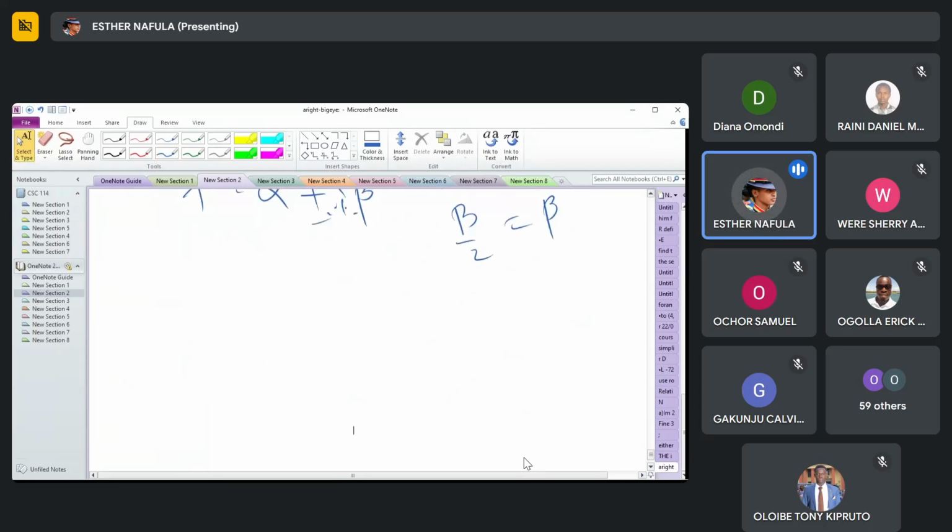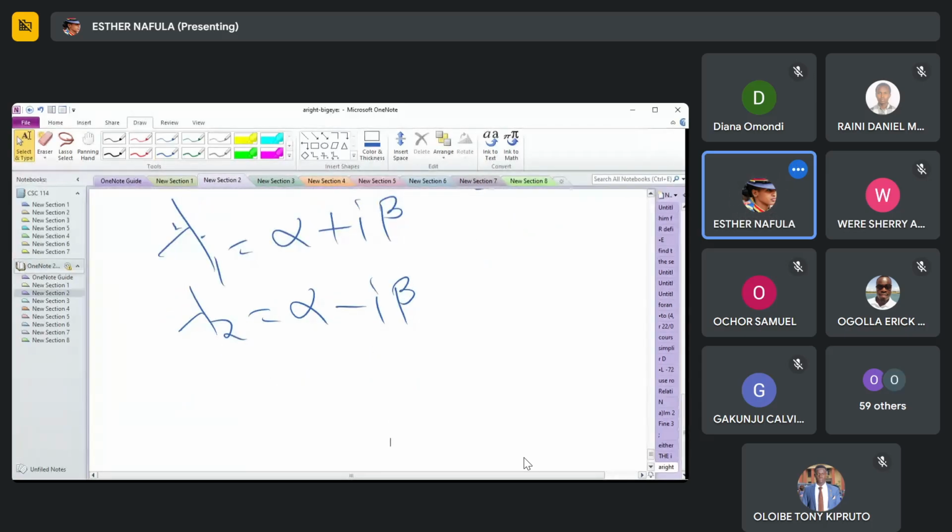So you'll have two values. You can set your lambda 1 to be alpha plus i beta, and your lambda 2 to be equal to alpha minus i times beta. Remember, the solution is e to the lambda. So your y1 is e to the lambda 1, but lambda 1 is alpha plus i beta.